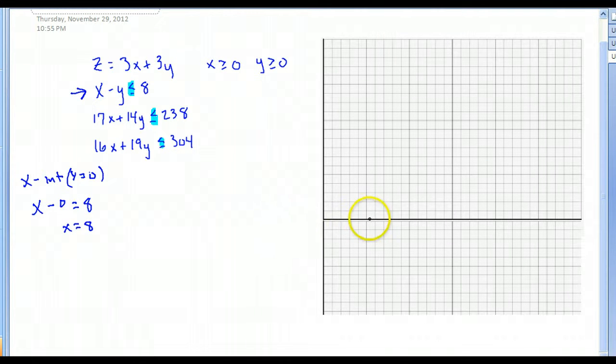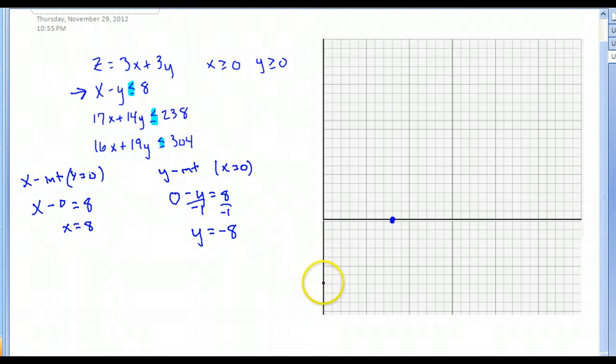So there's 5, 6, 7, 8. Alright, so there's 1 point. Now the Y-intercept occurs when X is equal to 0. So in this equation, if X is equal to 0, I get 0 minus Y equals 8. Divide both sides by a negative to get rid of that negative, and we get Y equals negative 8.